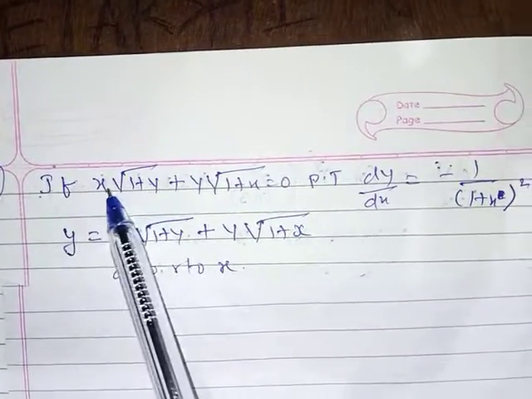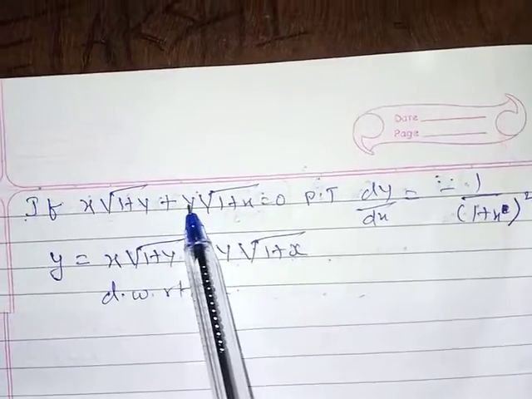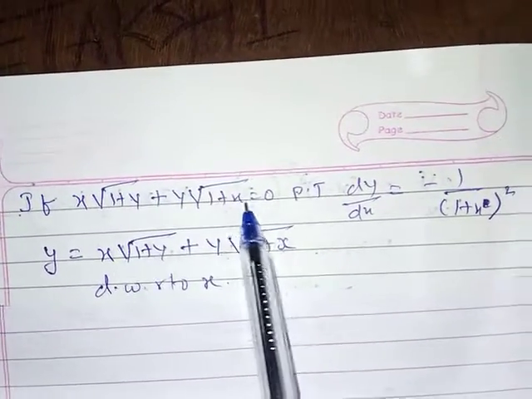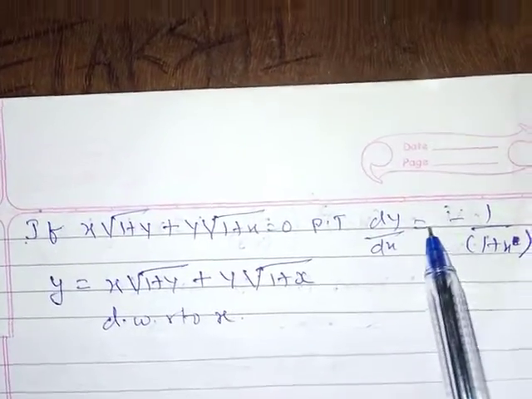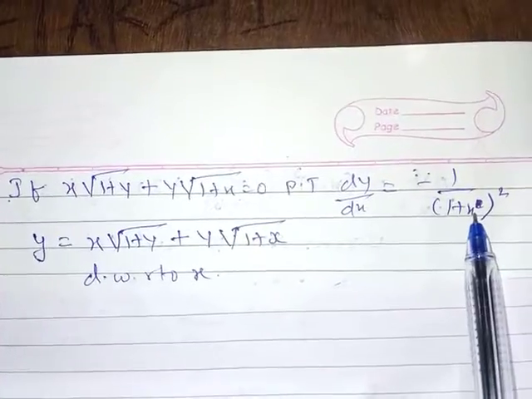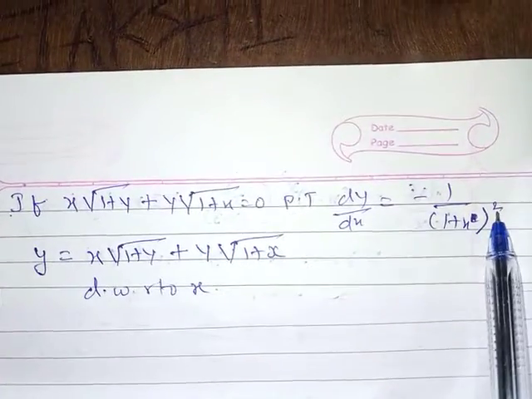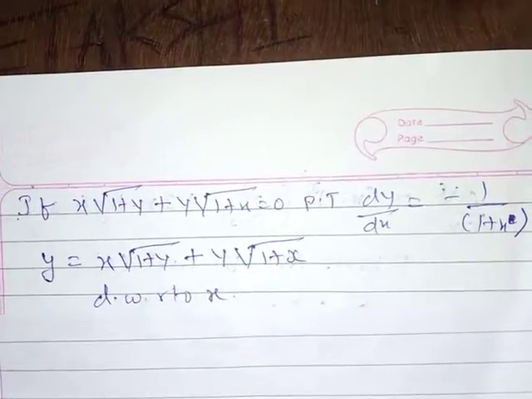Next: if x root 1 plus y plus y root 1 plus x is equal to 0, then prove that dy by dx is equal to minus 1 upon (1 plus x) whole square. Take this term and bring it to the other side, and square on both sides.